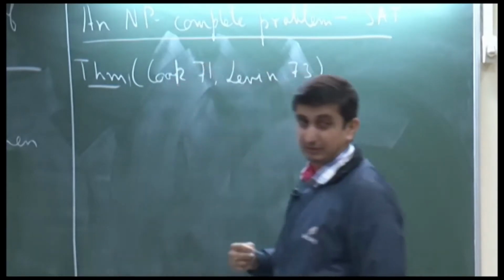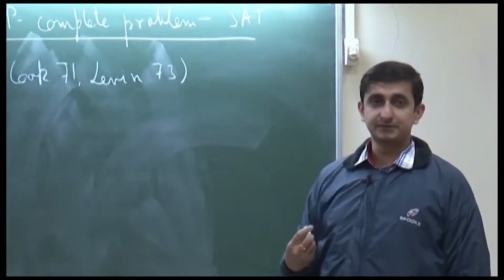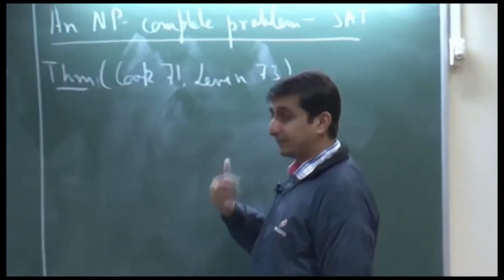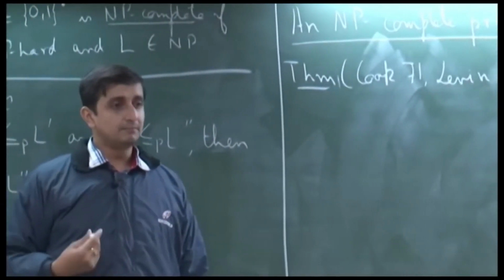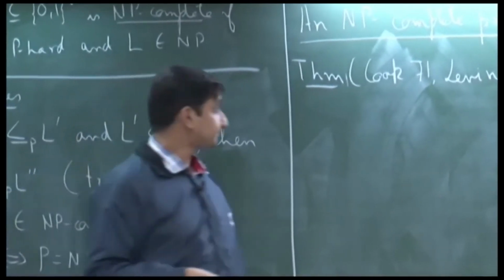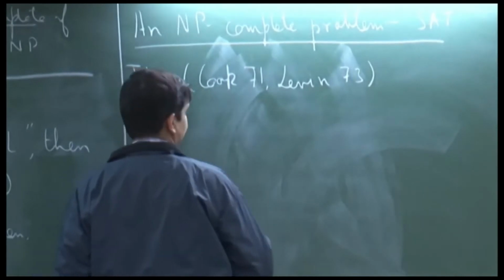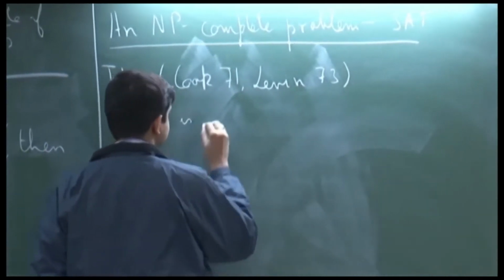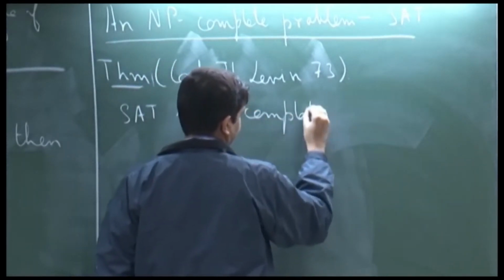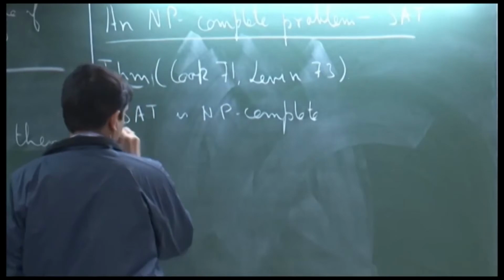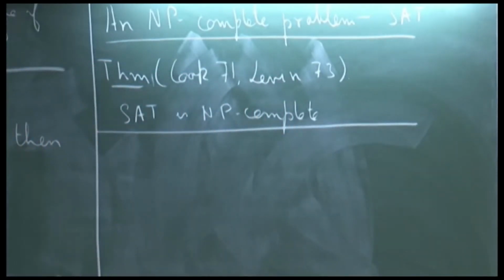So, Cook was in America and Levin was in Russia. So, communication was not that good in that period. So, they both basically came up with the same result, but independently. So, they showed that SAT is NP complete. So, let us quickly see what the problem SAT is.